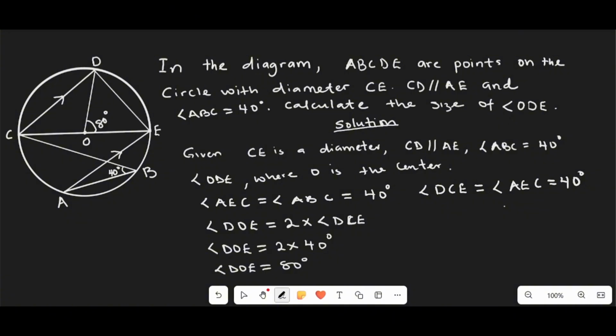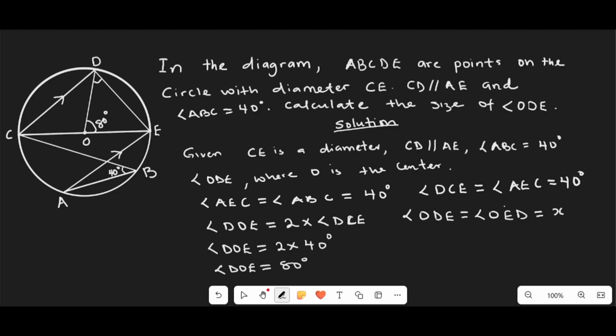So angle ODE equal to angle OED. Let us say equal to x.